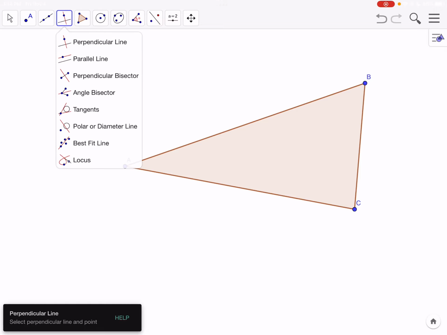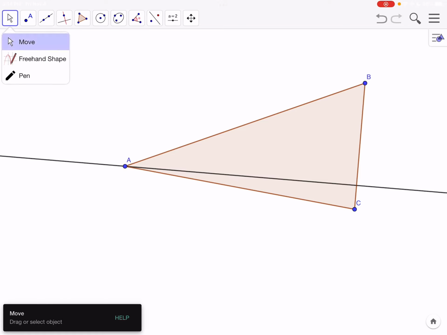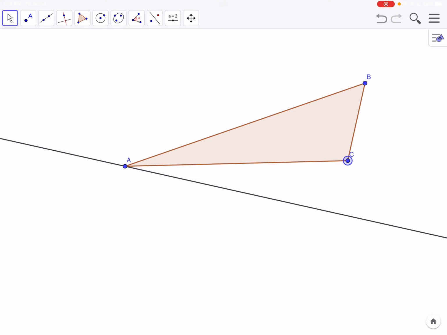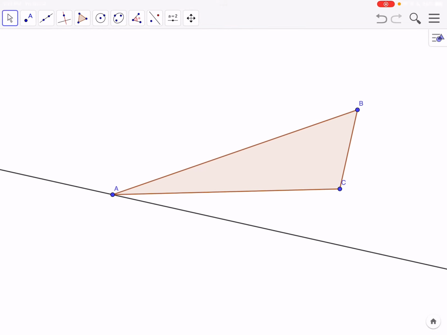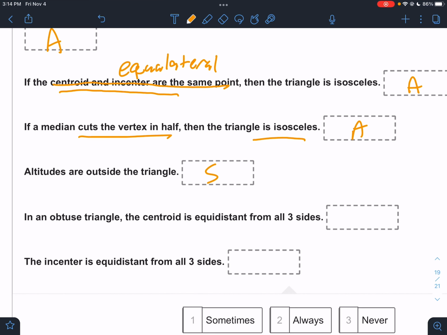If I go over here and I do a perpendicular line, boom, boom. Right now it's not outside, but if I were to move this, whoop, now look at that. That altitude is outside the triangle. That's an obtuse angle, and the altitude is outside the triangle. So we've talked about that. Yes, altitudes are outside the triangle. Sometimes they are.